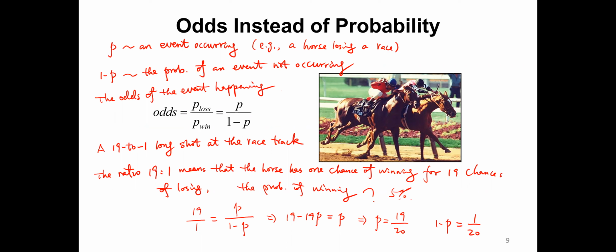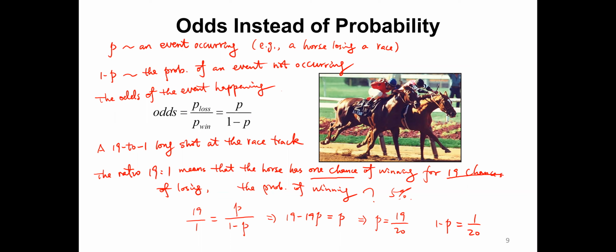So 19 over 1 equals P over 1 minus P. So 19 minus 19P equals P, so P equals 19 over 20, and 1 minus P will be 1 over 20. So the ratio 19 to 1 has one chance of winning for 19 chances of losing.